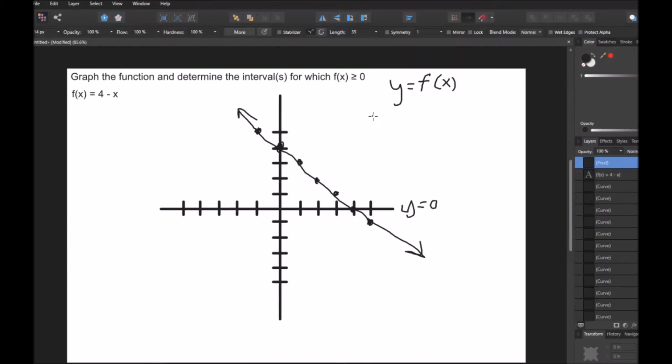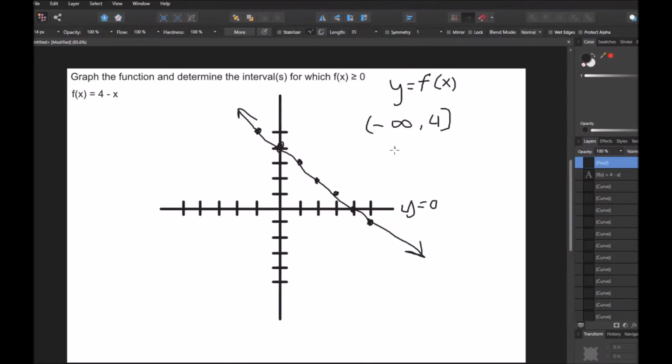So in interval notation, going from left to right, negative infinity to 4, and including 4, because it is 0 at 4. And now remember, when I write this interval notation, it's going based on x values.